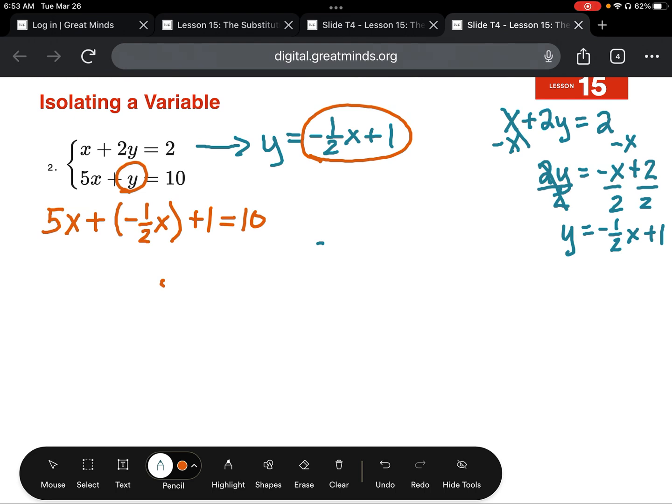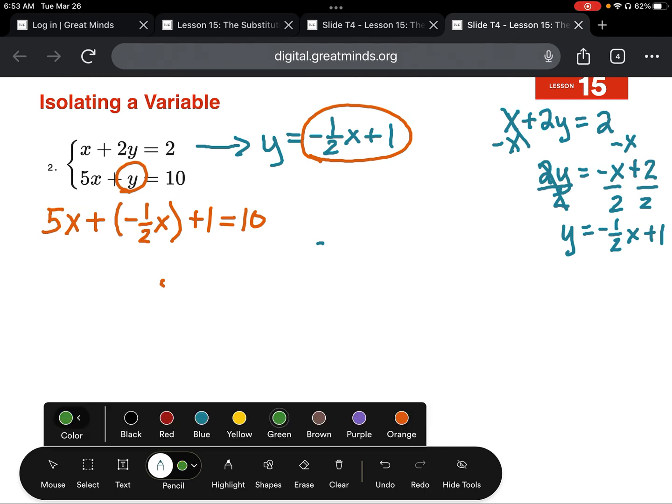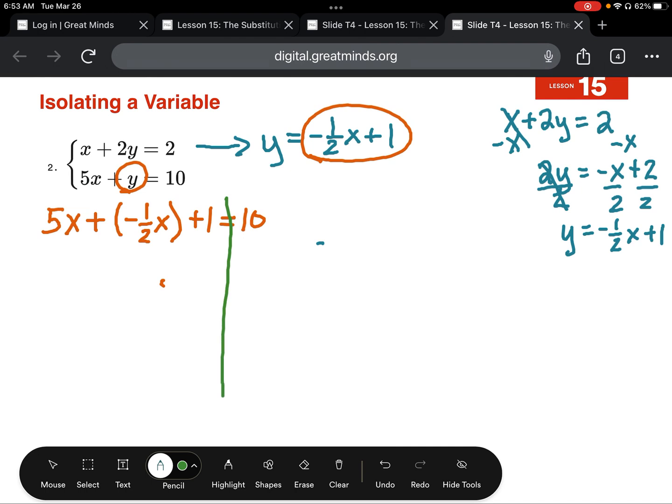All right, so going on and solving this. Step 1, I'm going to draw a line down the middle. Step 2, I don't really have any parentheses that I need to deal with, nothing to distribute. But step 3, I do have these like terms that I need to combine. So 5x, really essentially minus 1/2 x, would give me 4.5x plus 1 equals 10.